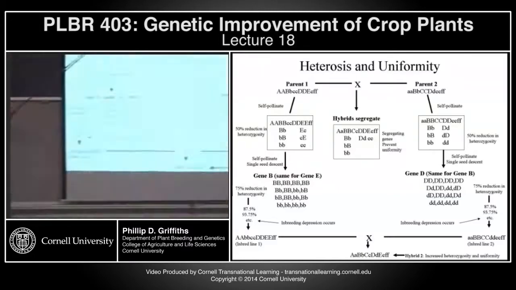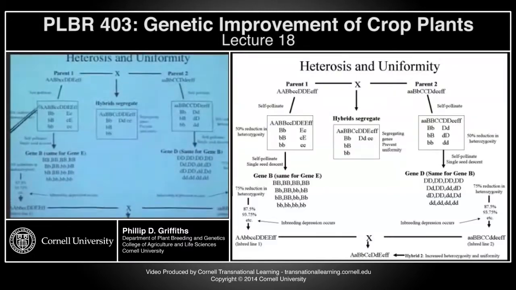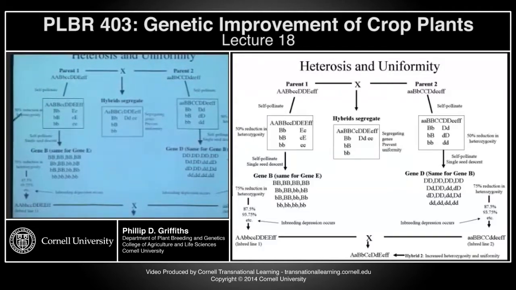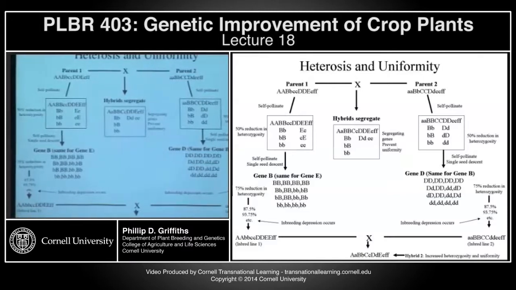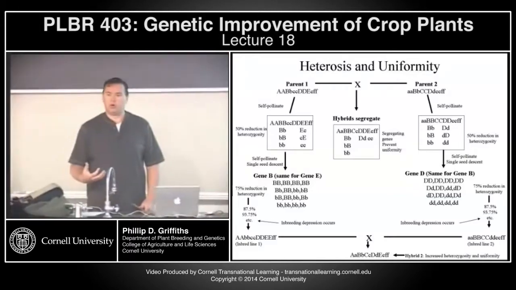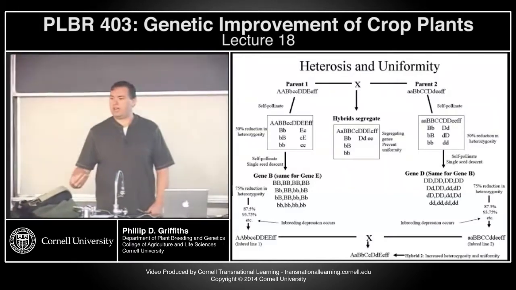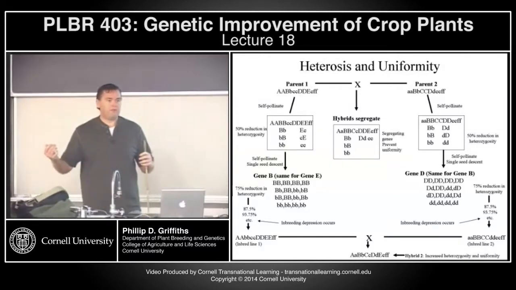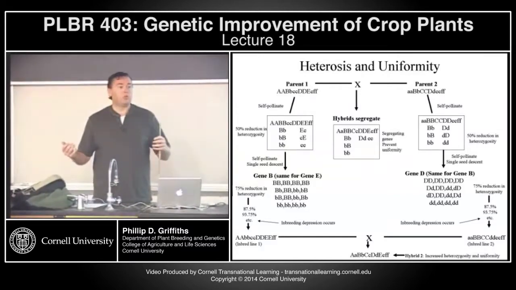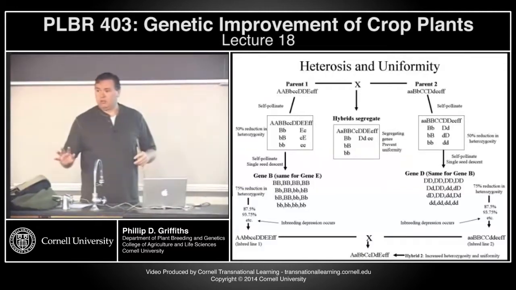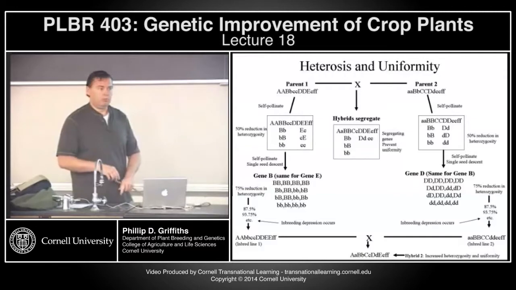So in creating an inbred, if you were to self-pollinate 3-4 times, you'd be reducing the heterozygosity 50, 75, 87.5, 93.75, etc. So the more times you self-pollinate the plants, the more homozygosity you have at each locus. But the 2 parents can still be different at that locus with respect to the allele, whether it's a big D or the small d.